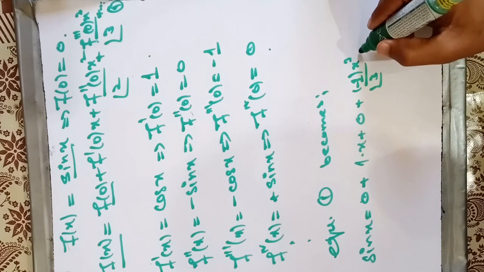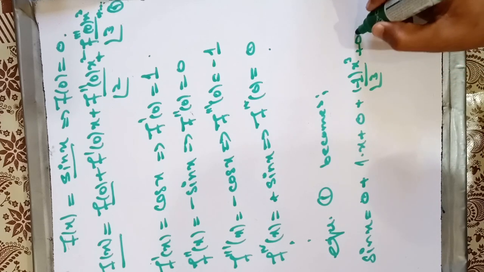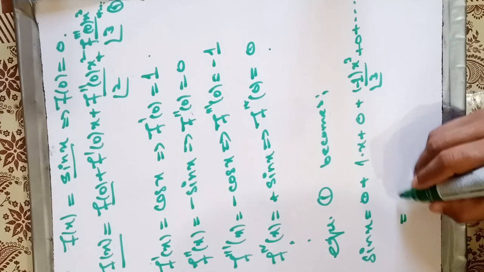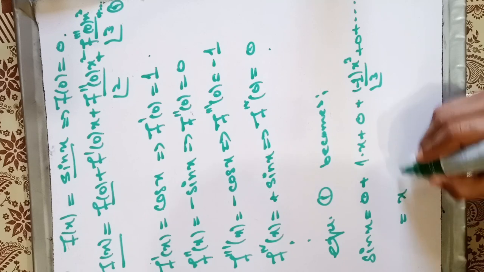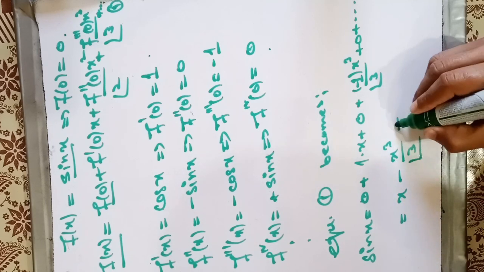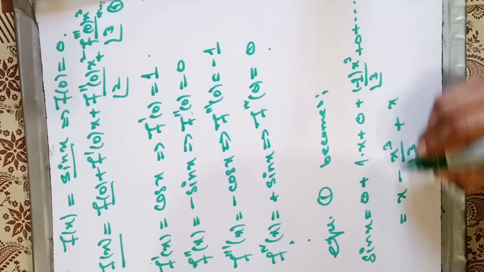In such a pattern, the fourth derivative is again 0, plus up to so on, and we just need to follow that one next time. So x minus x cube over 3 factorial plus x to the 5.